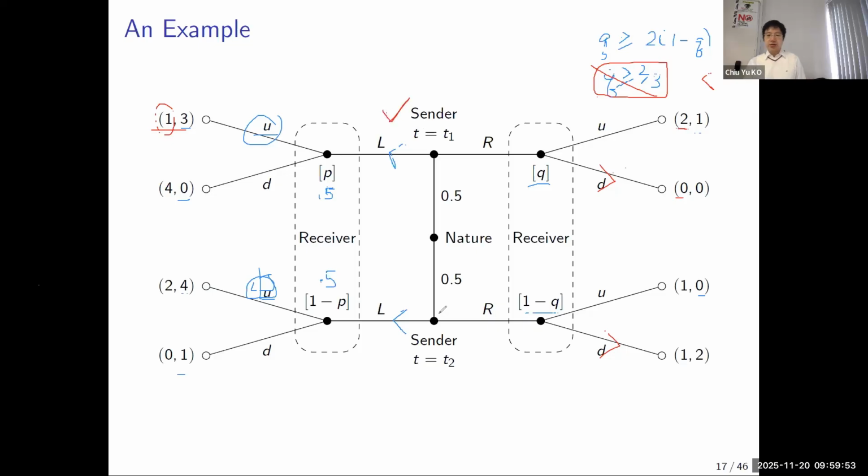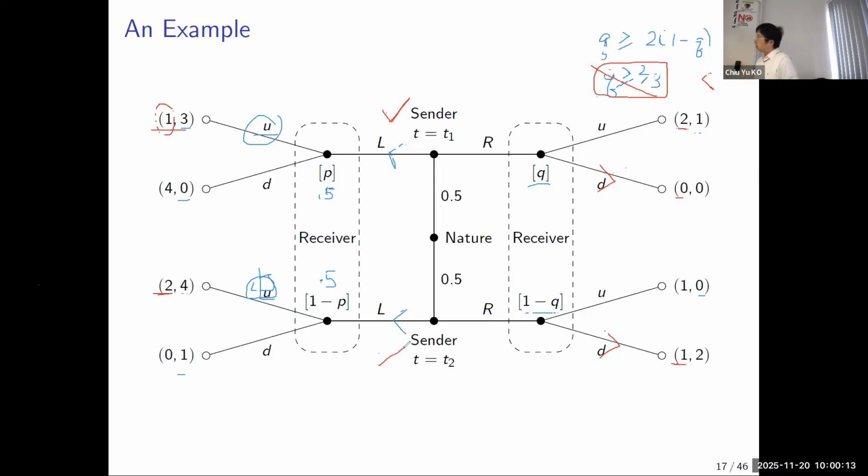Now what remains is sender 2. Sender 2 in equilibrium is getting U here, he will get 2. And if he deviates to R, he will be treated by D and get 1. 2 is better than 1, so this is okay.